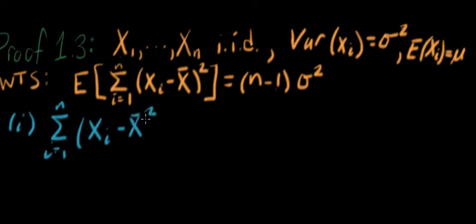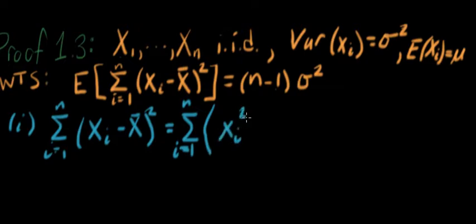That is X bar, and the squares on the outside there. So that is equal to the sum over all of this in parentheses, Xi squared subtract 2 X bar times Xi plus X bar squared.